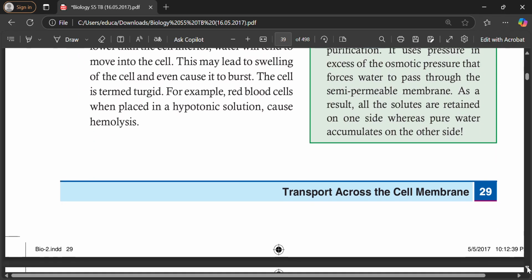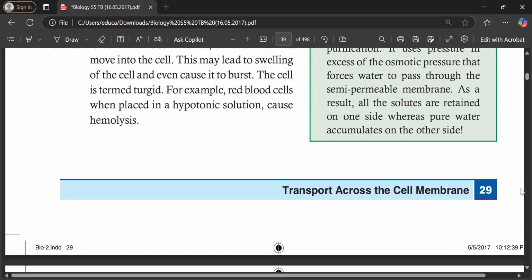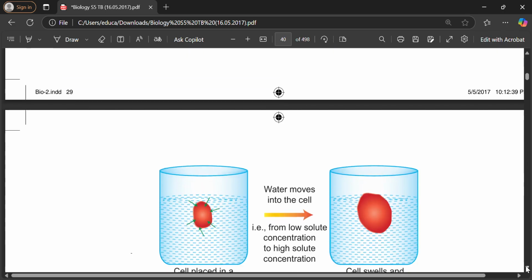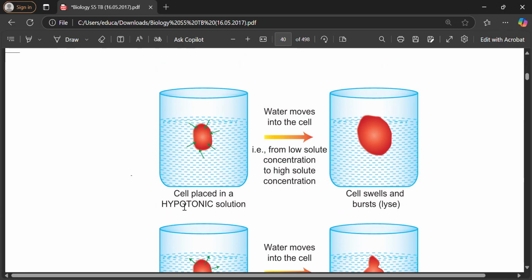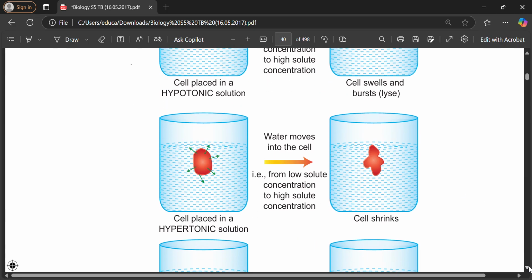Icyo gihe rero tuvuga yuko yabaye turgid. Hanyuma here is the diagram. Cell placed in hypotonic solution. If a cell is placed in hypotonic solution, the cell swells and bursts or lyses.